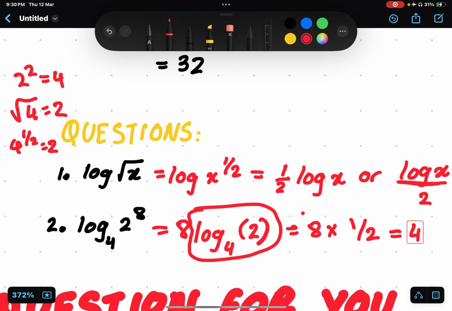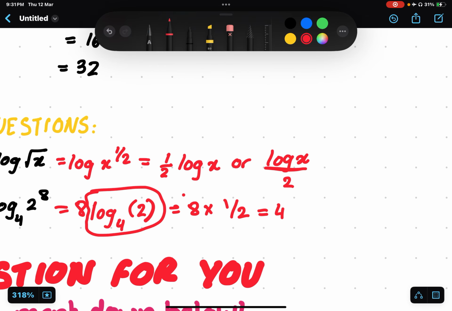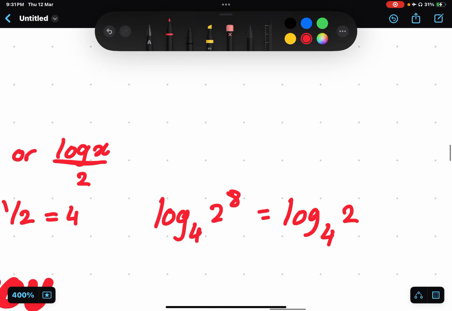Something to note here, there's another way to do this actually. If you didn't know that trick, what we see is that 2 squared is equal to 4. So we can write this as log base 4 of 2 to the 8, which is log base 4 of 2 squared to the 4.